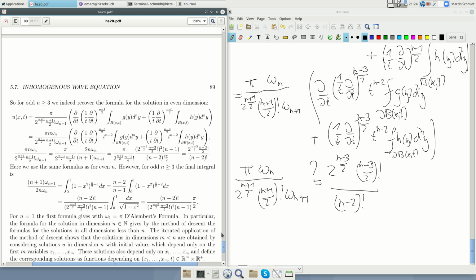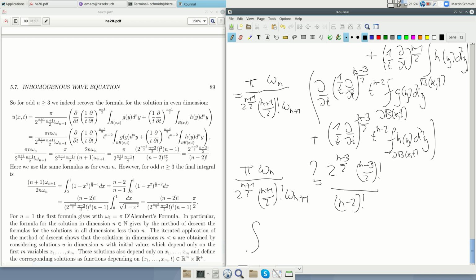We have the same induction, but for half integers we get n minus 2 over n minus 1. So this means the integral of 1 minus x squared to the power n half minus 2 dx from 0 to 1. This is now n minus 2 over n minus 1 if we get 1 less.